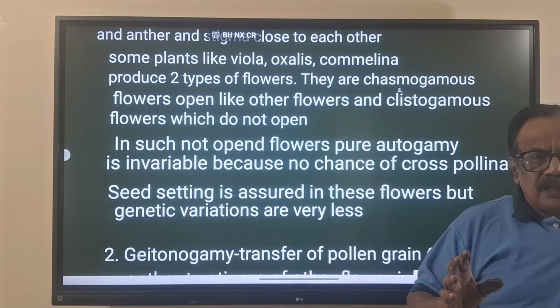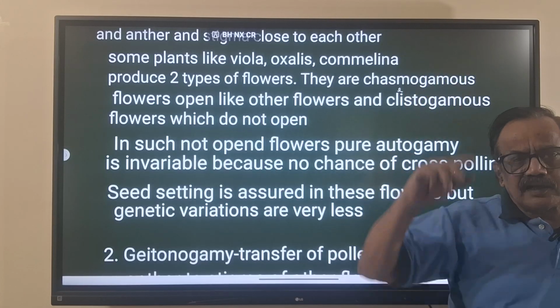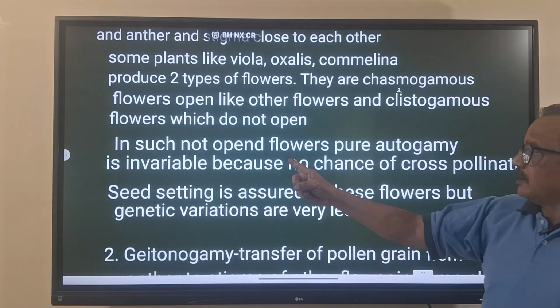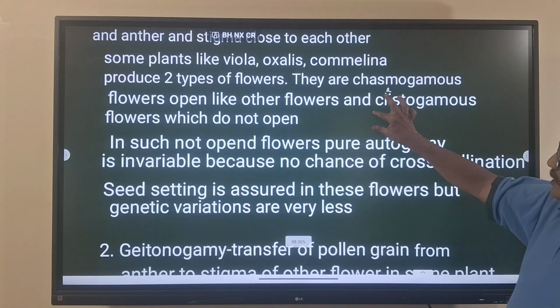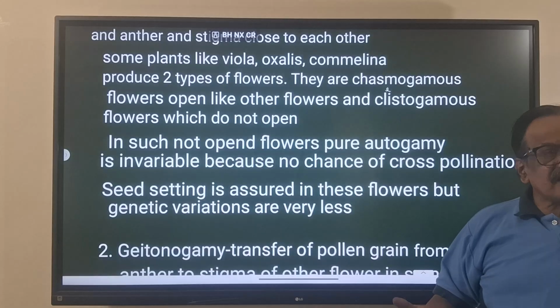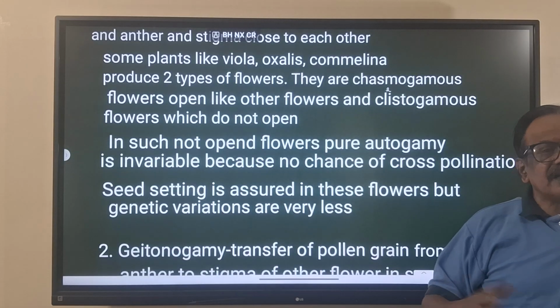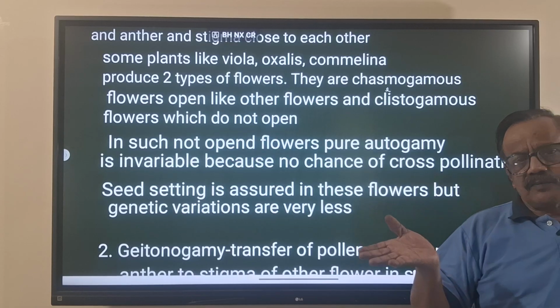Here, the thing is, chasmogamous flowers are rather rare, it is already given. Now you see here. As it is not opening, there is no chance of cross pollination, means agents cannot enter to carry the pollen grain from the anther to the stigma.